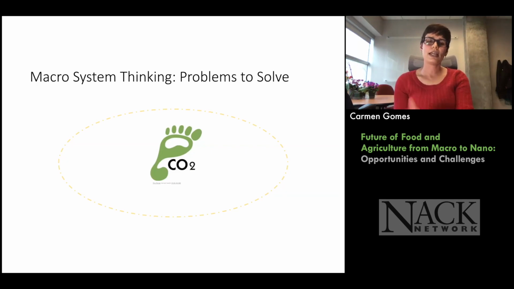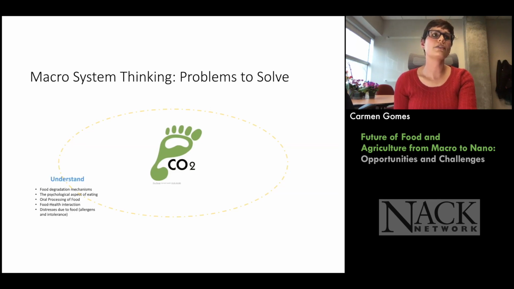So macro system thinking problems to solve. We have, for example, carbon footprint and its impact on climate change, and how can we tackle these when you talk about food production. So understand, for example, food degradation mechanisms, the physiological aspects of eating, oral processing of food, so texture aspects of things, food health interaction, distresses due to food allergens and intolerances.